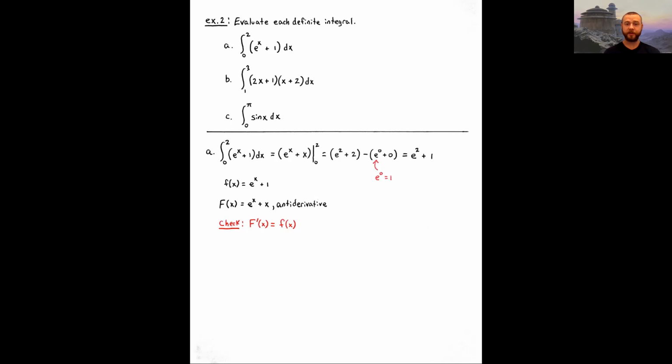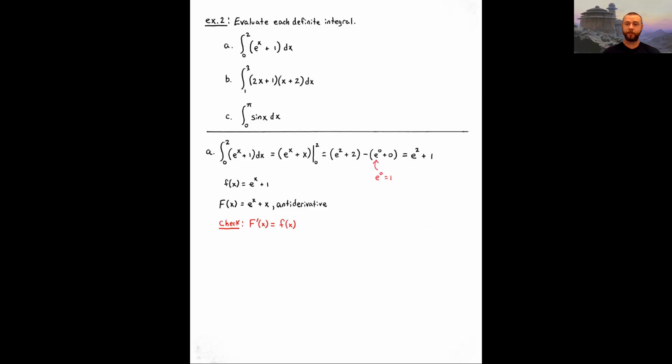If you're careful using parentheses, plugging in 2, you'll get e squared plus 2. Plug in 0, you'll get e to the 0 plus 0. E to the 0 is 1. And if you subtract those values, 2 minus 1 will give you that plus 1 at the end. And we are left with e squared plus 1 as the answer to this definite integral.